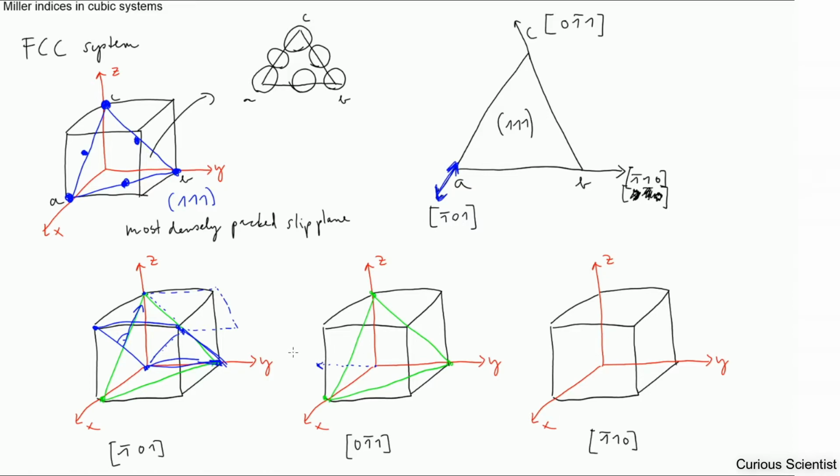And then 1 in the z direction, so here. So in principle we have something like this and something like this, so outside the cube, but we can shift it back, so basically it starts here.